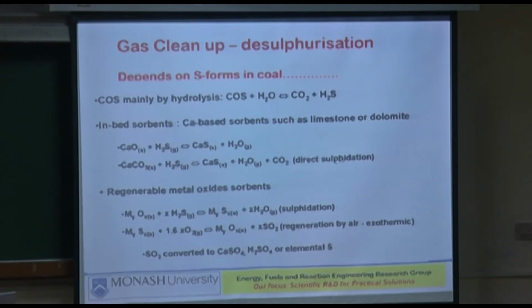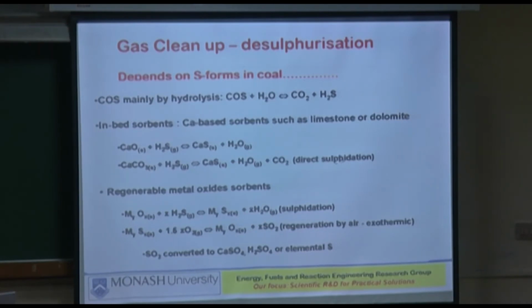This exactly falls in the chemical looping principle, where I'm digressing a little bit, where the fuel reactor, which is a gasifier, is endothermic, and the oxygen carrier gets reduced to a lower valence form, and then is regenerated back to the oxygenized or oxidized form through an exothermic reaction.